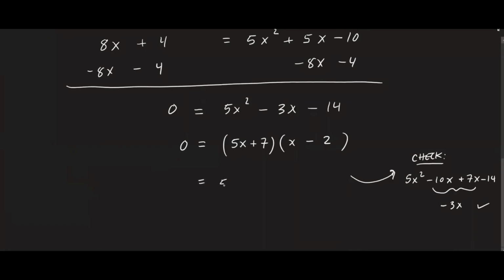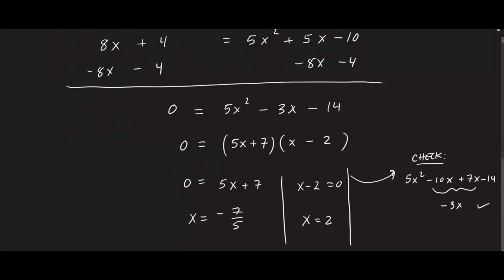So we have 5x plus 7 equals 0, and then we have x minus 2 equals 0. As we solve the first one, we subtract 7 and divide by 5. So we have x is equal to negative 7 over 5. And the second one, we add 2, so we get x equals 2. So these are our possible solutions.